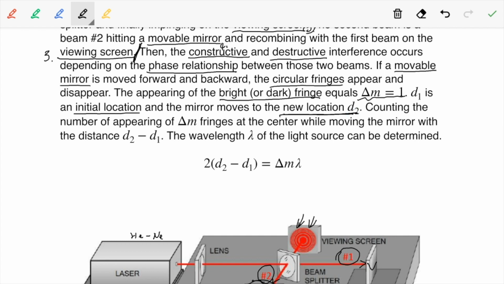Counting the number of appearing fringes, delta m is the number of fringes at the center while moving the mirror with the distance d2 minus d1.